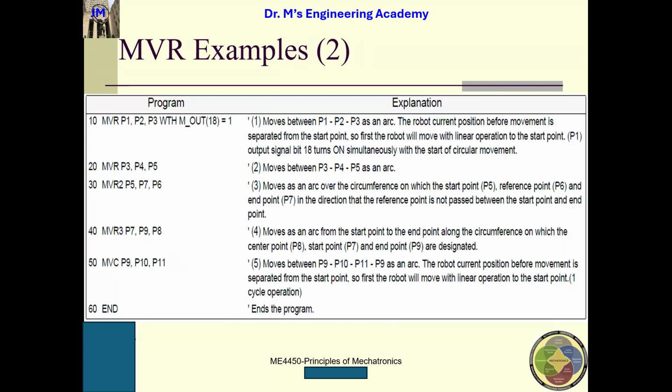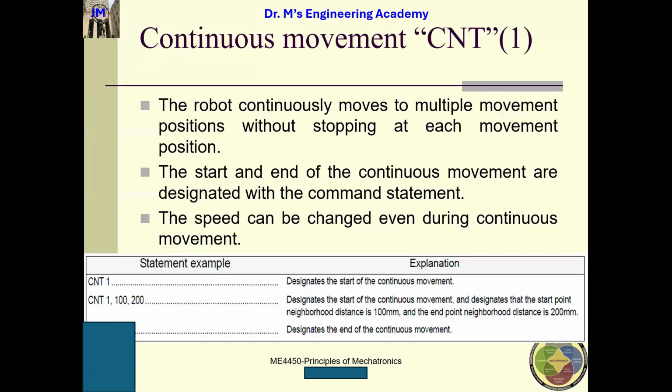Okay? So this is MVR. Actually, this is what I just told you guys. So here is the explanation. 1 means the path, 2, 3, 4, 5, and this is what I just told you. The CNT, continuous movement.